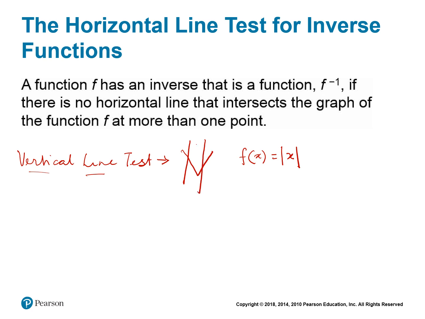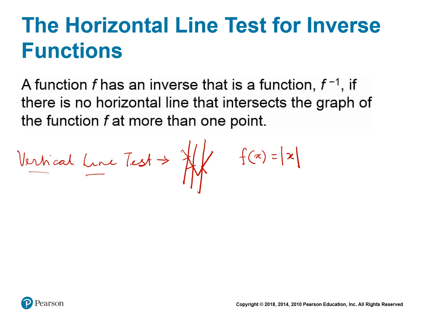Although my lines don't look too vertical, we draw a few vertical lines, and if the vertical lines intersect the graph at just one point, then we can conclude that, yes, the graph is that of a function. So the vertical lines have to intersect in only one point in order for a graph to be that of a function.